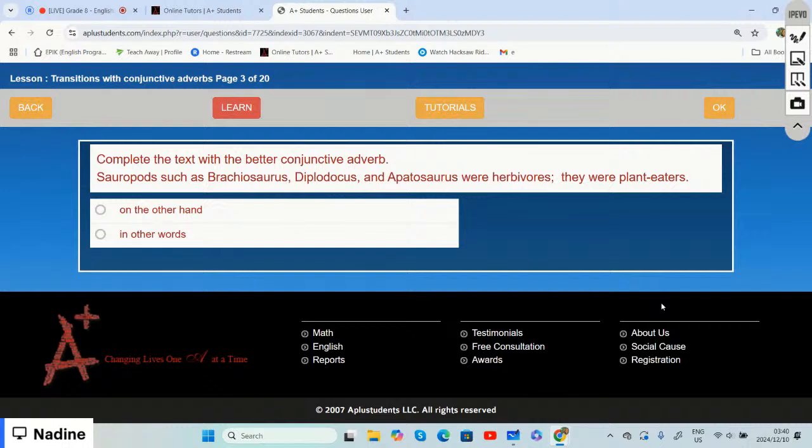All right. And if we were to choose the correct word, do we choose in other words, or do we use on the other hand? And if we were to choose the correct one, we will say in other words, they were plant eaters.